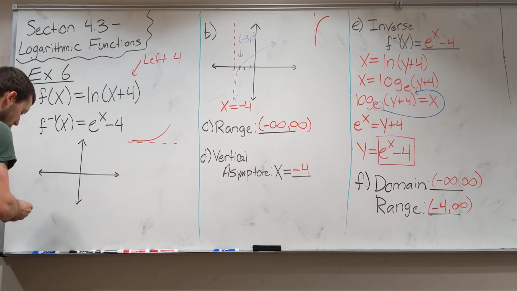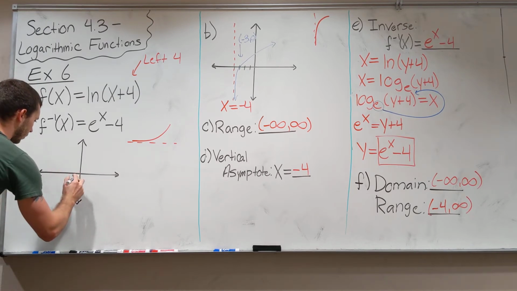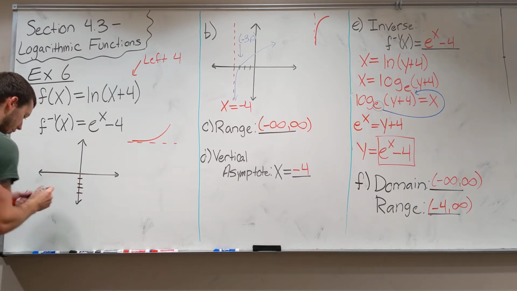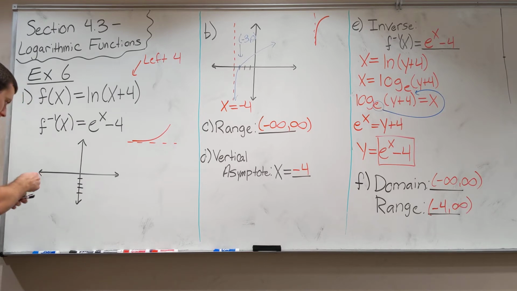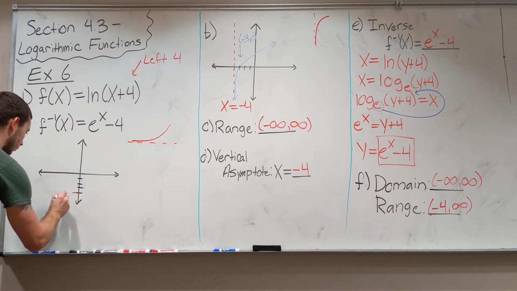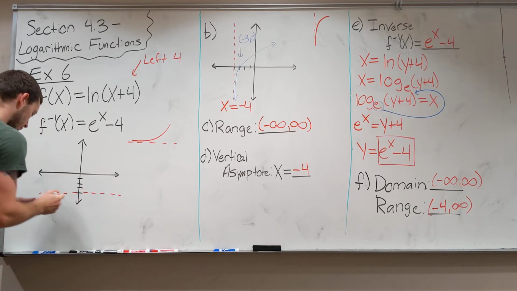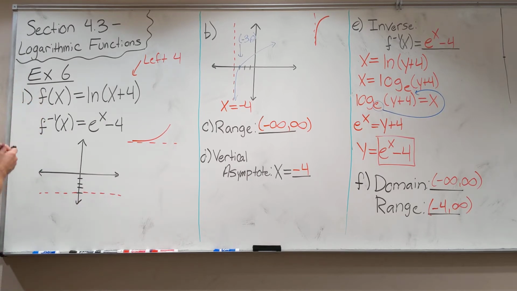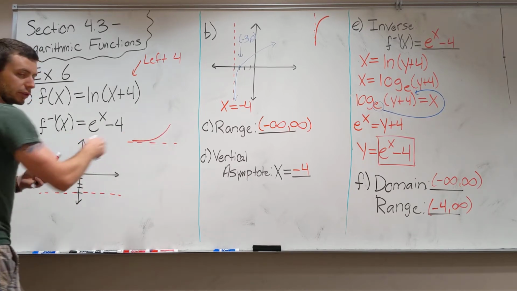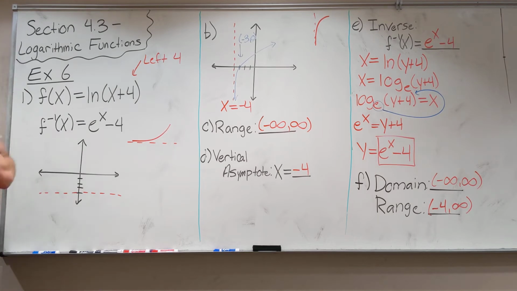So what we can do, well, we interpret it exactly as such. This shifts down by 4. And finally, we can just recreate the shape because there's no transformations of any sort.